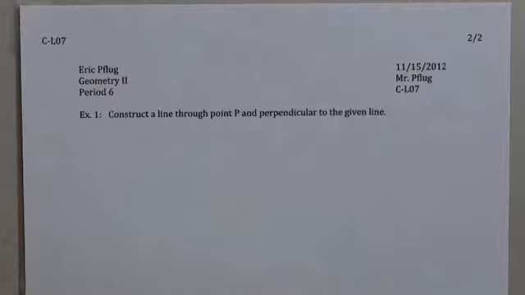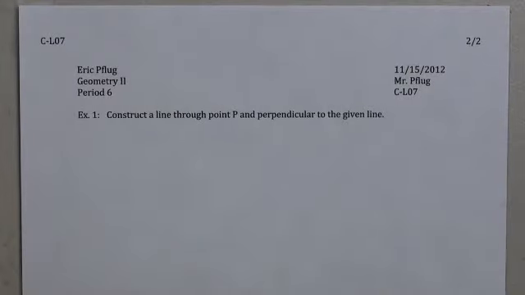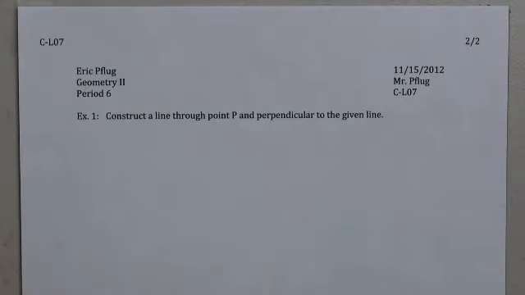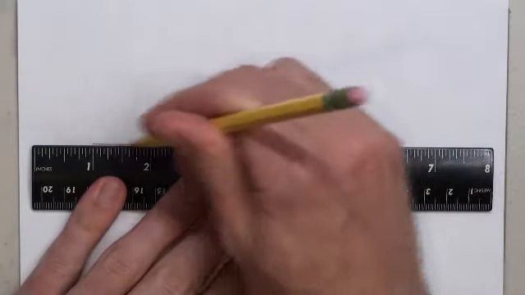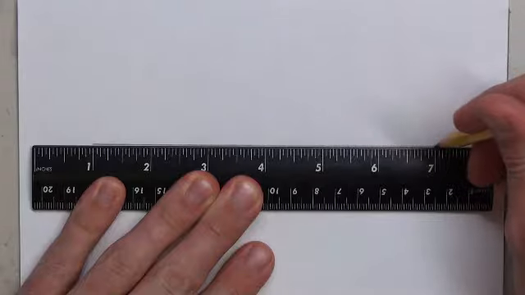Okay, now on a new sheet, put the heading, and the example is to construct a line through point P and perpendicular to the given line. So halfway down on the page, make a line from 1 through 7.